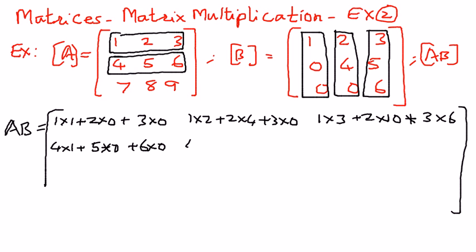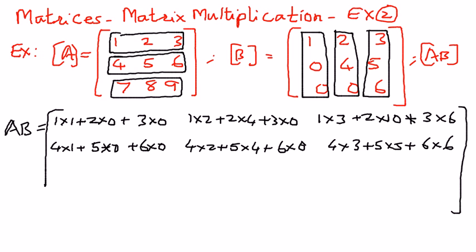Then we have 4 times 2 plus 5 times 4 plus 6 times 0. And then we have 4 times 3 plus 5 times 5 plus 6 times 6. We've exhausted the second row multiplication. Then we go to the third row and repeat the process.